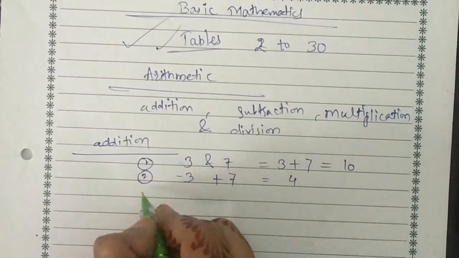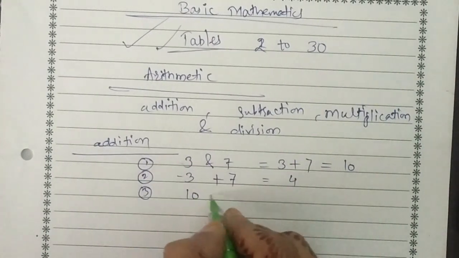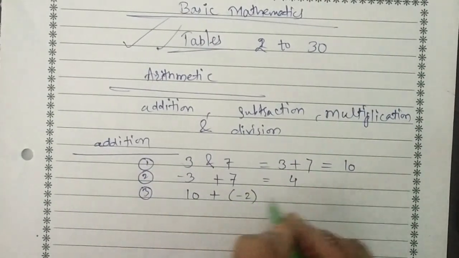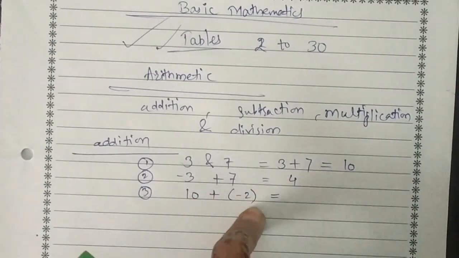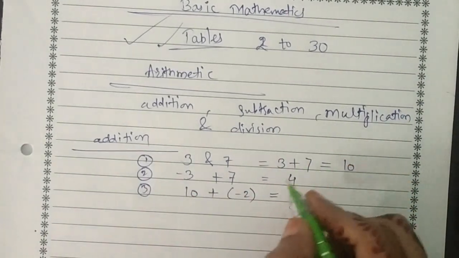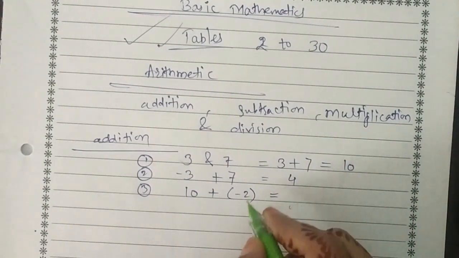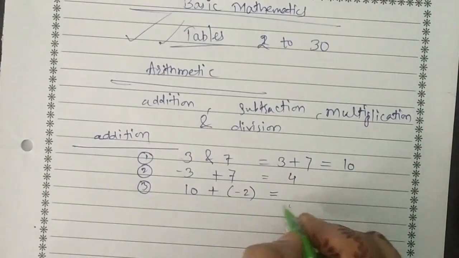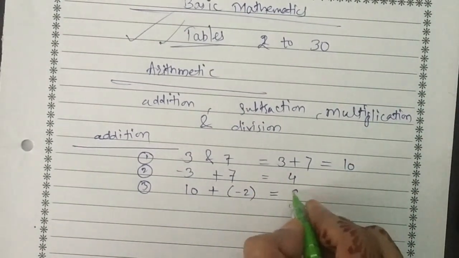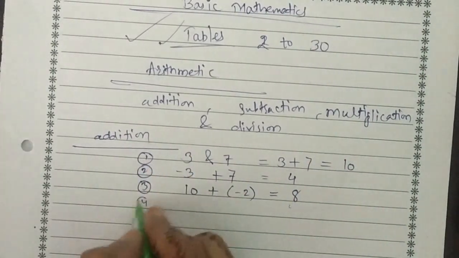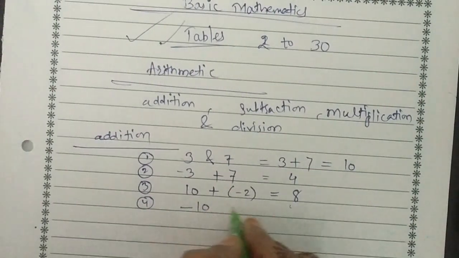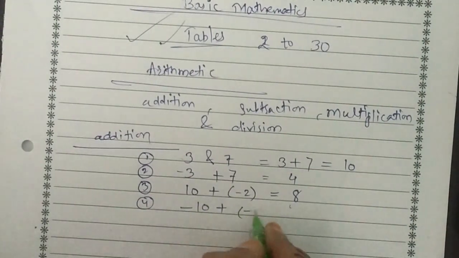Next, suppose you need to add 10 and minus 2. Again you have one positive integer and one negative integer, so again we perform a subtraction. Always remember, subtract the smaller from the bigger one. So 10 minus 2 gives 8, and the sign will be of the bigger number. Suppose the case is minus 10 added to minus 3.